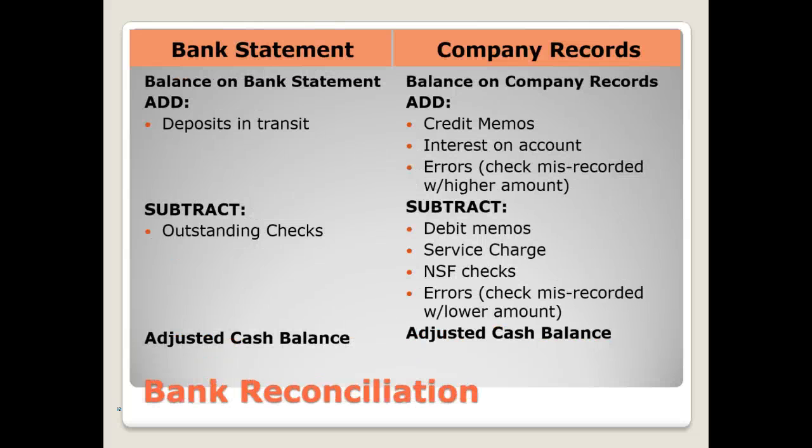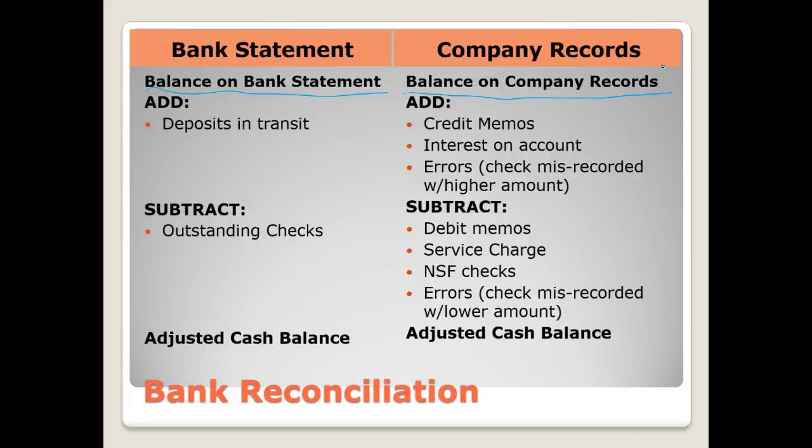Now, in order to do a bank reconciliation, one of the easiest things to do is to set up a 2-column sheet. At the top of the left column, you would write the balance from the bank statement, whatever the ending balance for that month is. At the top of the right-hand column, you would write the balance as you see on the cash account for your company records.